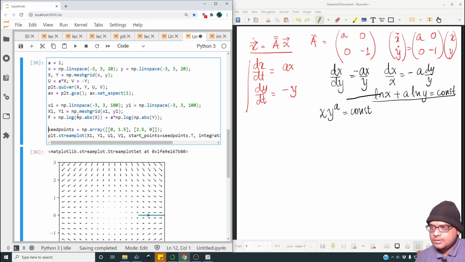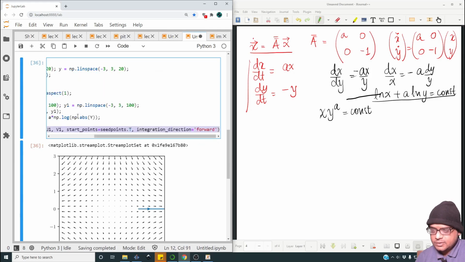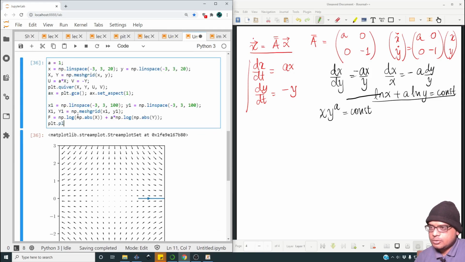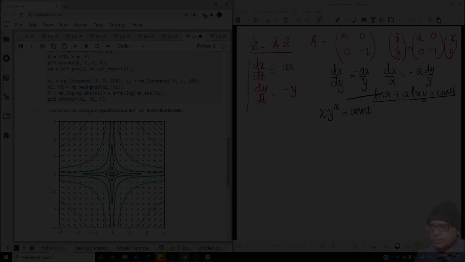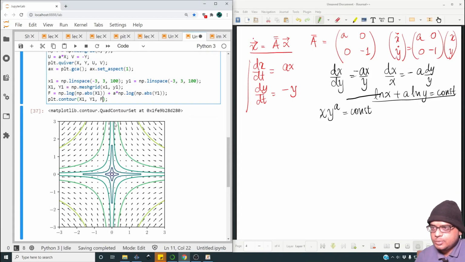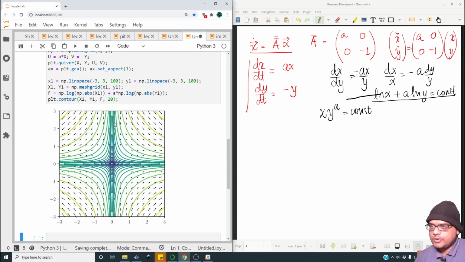Okay, we don't need this, we don't need seed points, so we'll do simply plt dot contour x1 y1 comma f. So this has to be x1. Let me change the number of contours to 20.